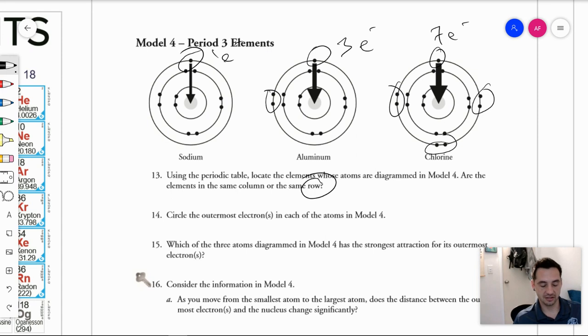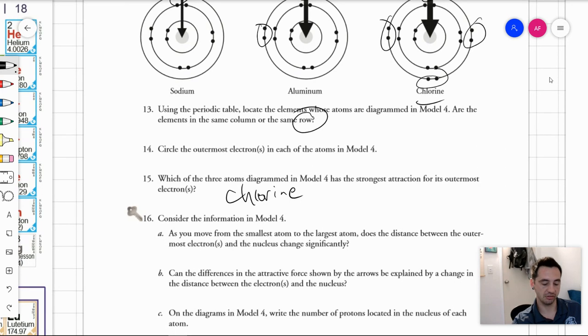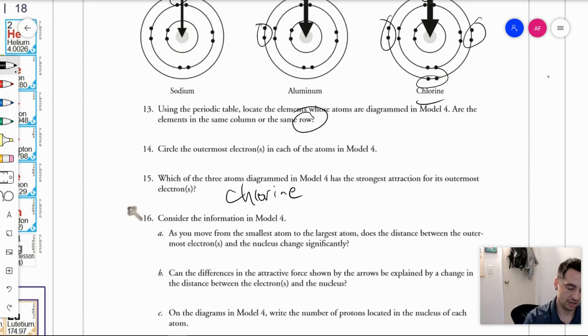Now, which one of these has the strongest attraction? It's actually chlorine. So what's happening is we're not changing the distance, but we are adding protons. Does the distance change? No, not significantly.